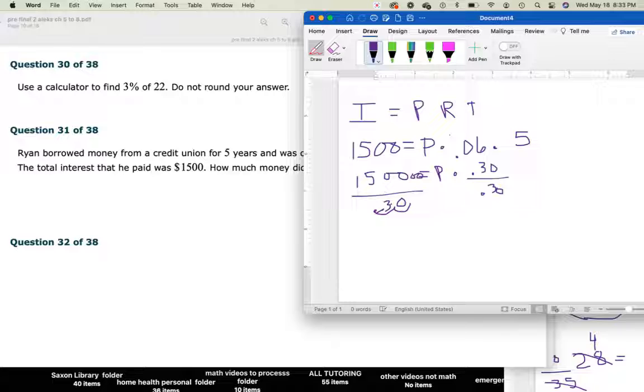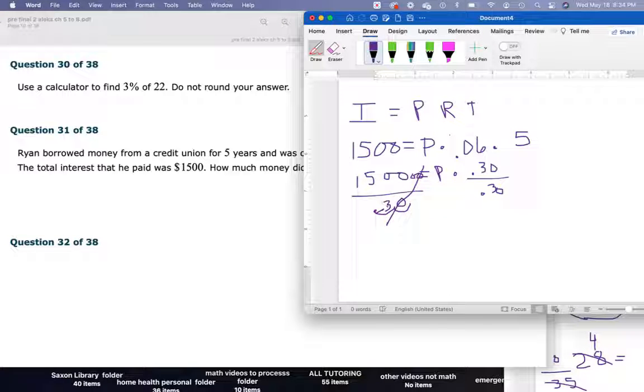Okay, so now let's divide. The 0 can go out with that 0. And the 15 divided by the 3 is going to give us 5. And then we count the zeros left: 1, 2, 3. The principal was $5,000.